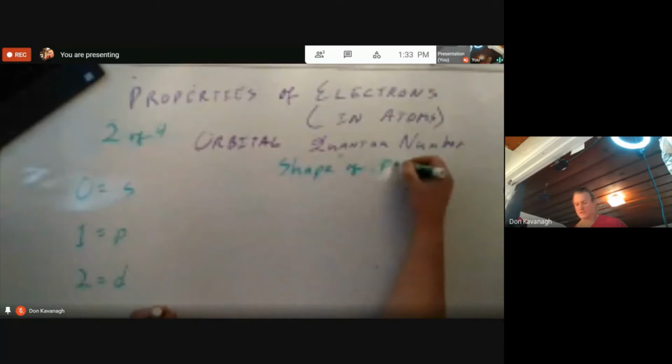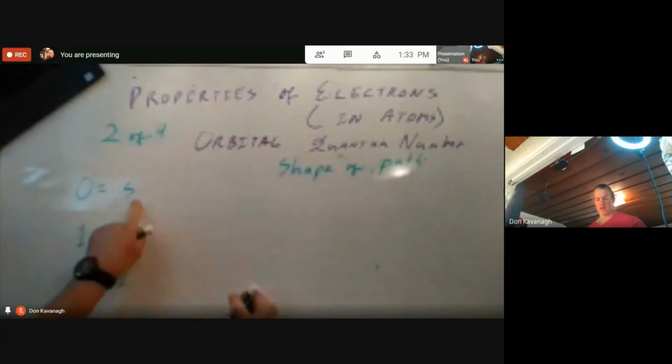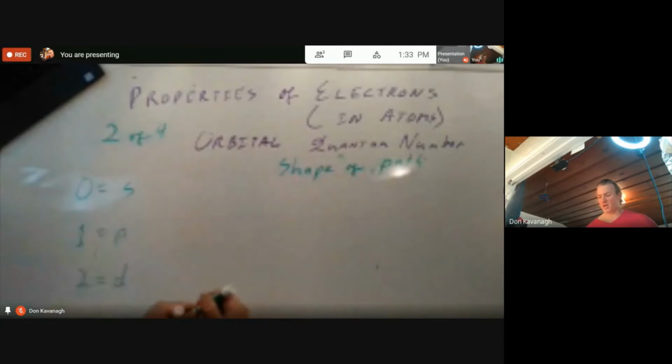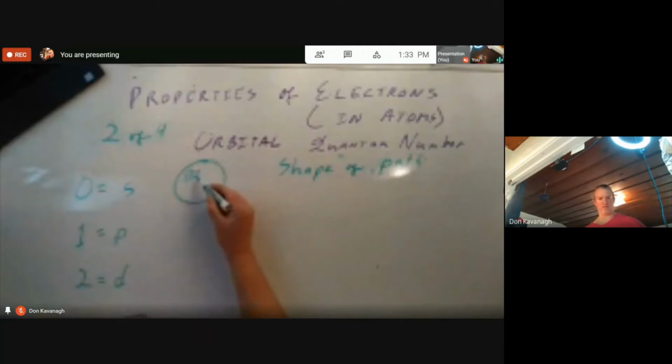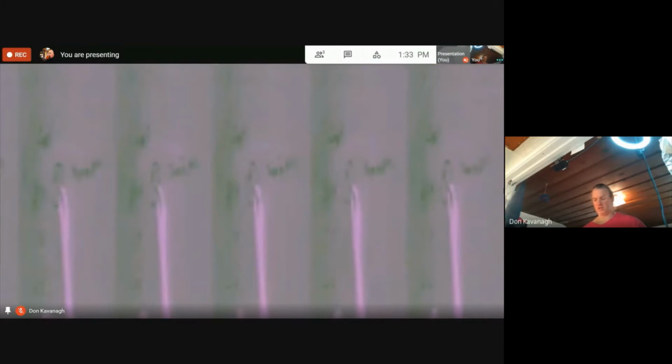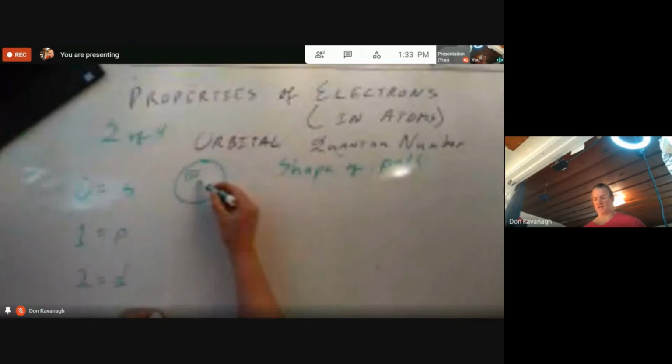Now, let's talk about what that shape looks like. For an electron that is in an S orbital, it can take on a spherical path around the nucleus. So I'll try to draw a little reflection window here to give this thing 3D character. Now, to get an idea of the perspective here, we are looking at the S orbital, and the nucleus is inside this S orbital.